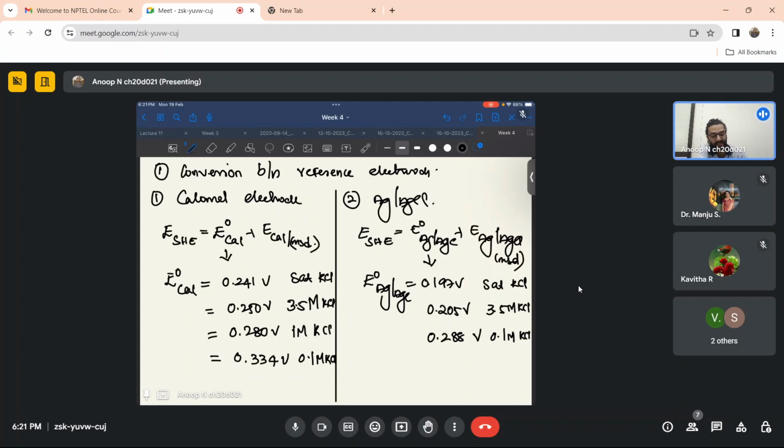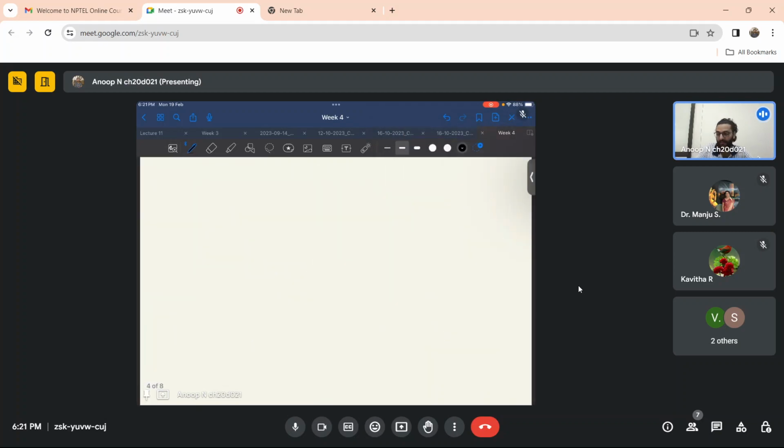That part we will see later. We'll just see a few simple conversion problems, then we will move on to the remaining topics. The first problem: convert the following potential.